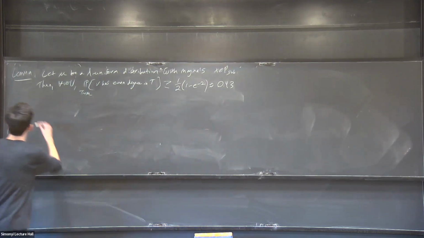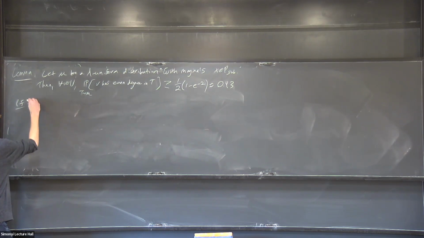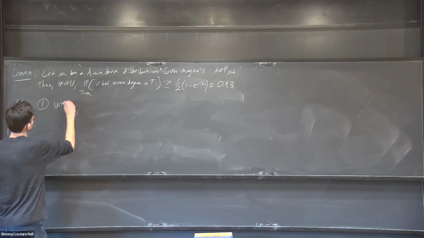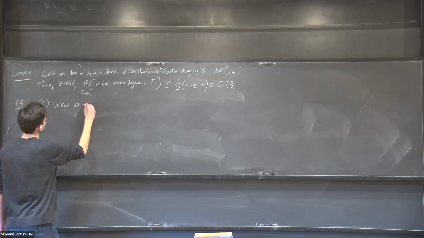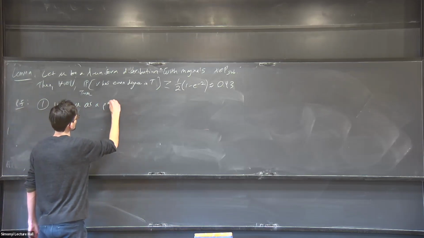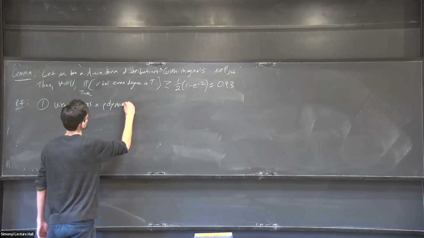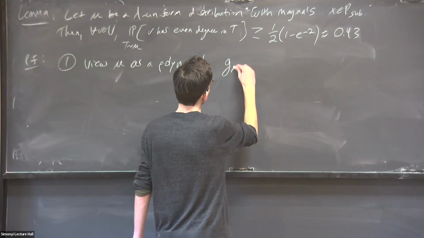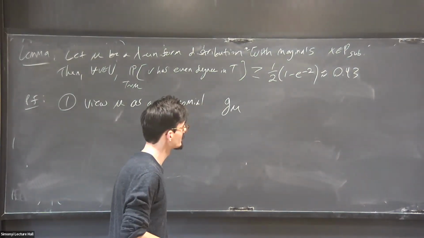to prove this, there are going to be 3 parts to this proof. First, we're going to view this distribution mu as a polynomial, in particular the generating polynomial of the distribution.